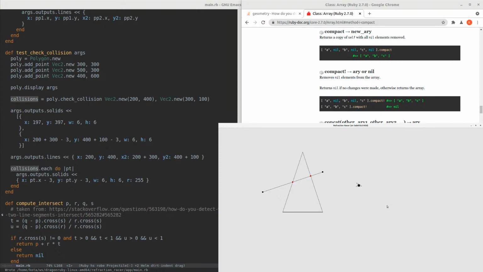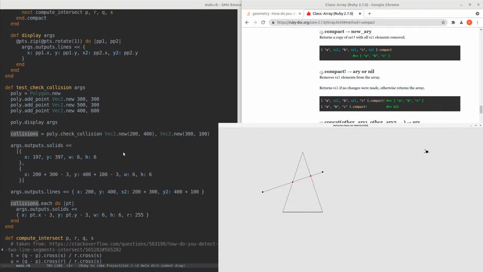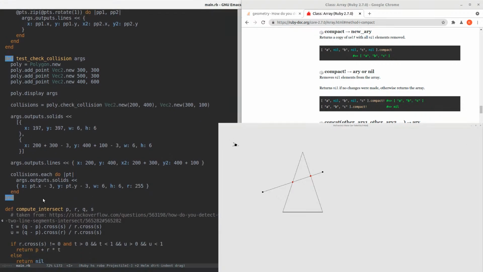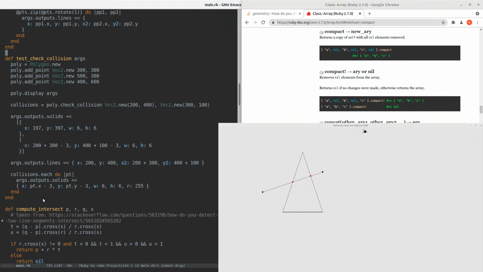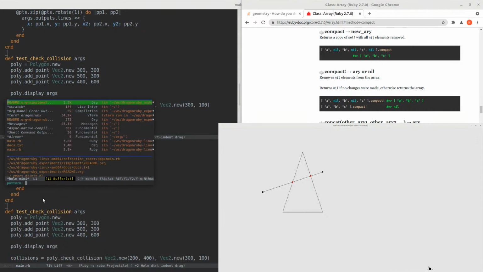And so now, why don't we compute our intersections? So we'll now check to see when this thing actually collides, right? So I'm going to plop this also into our org.